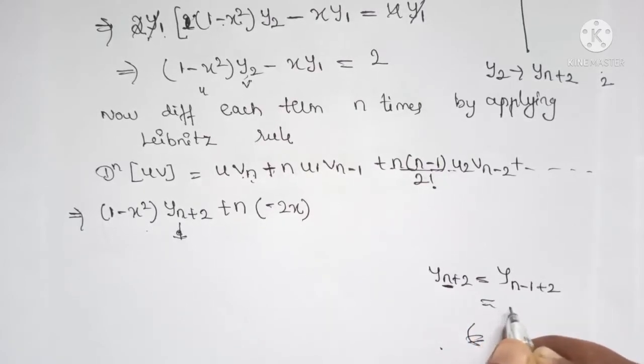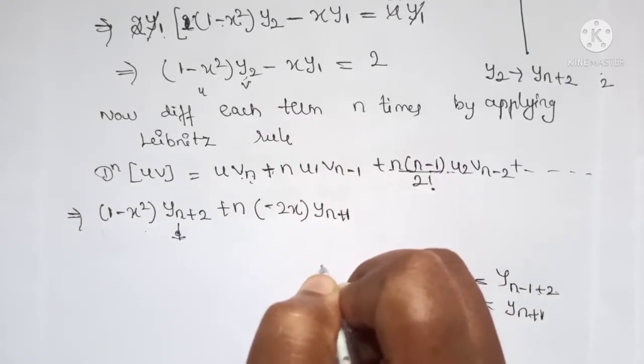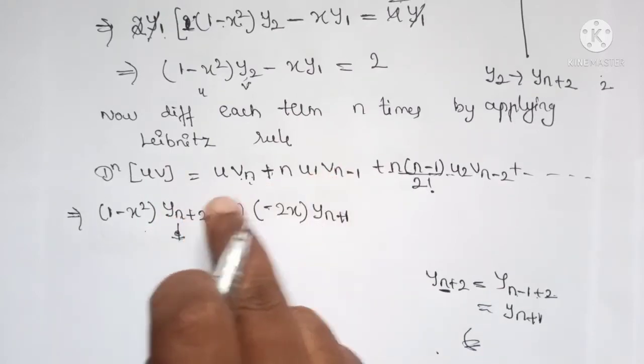So simplifying we get y_{n+1}. Got this one? So this is the v_n value, replacing n by n minus 1.